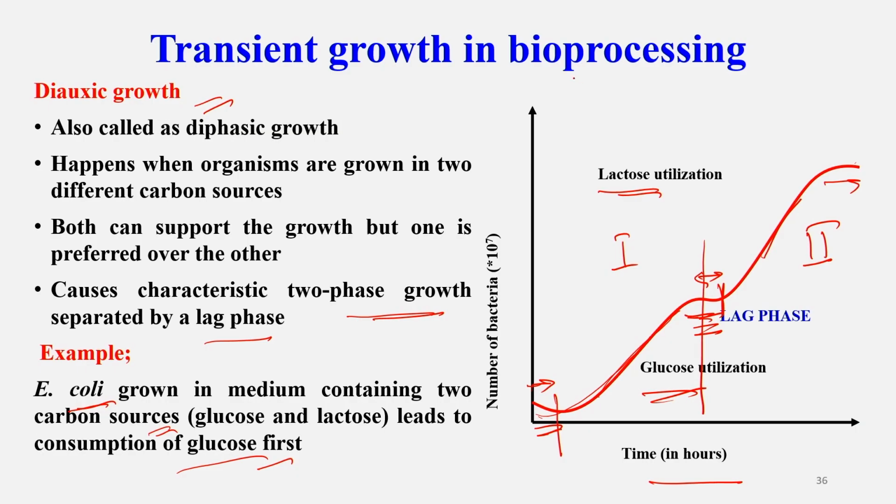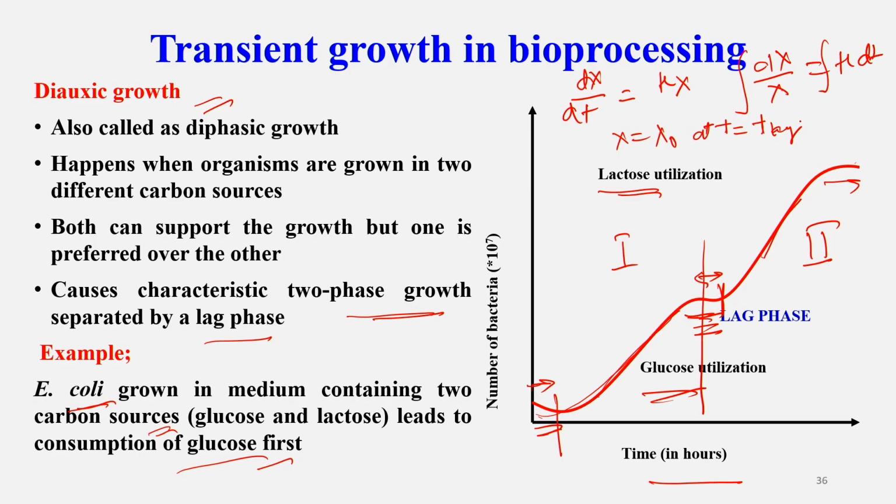So, if you simply write here dx upon dt equals mu into x, or dx upon x is equal to mu into dt, we can quickly integrate it, but now there will be a change in the boundary condition, which says x equals x0 at t equals t lag. Earlier we used to write t equals 0.